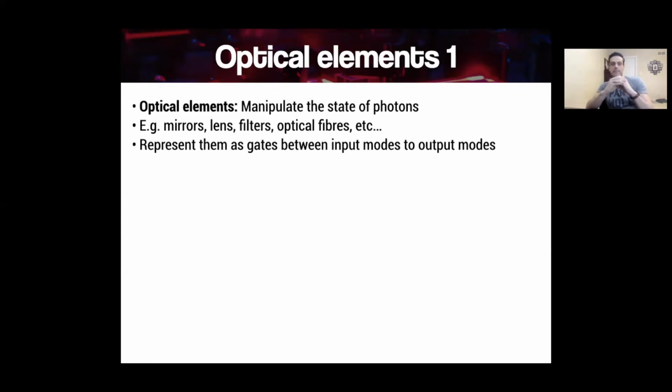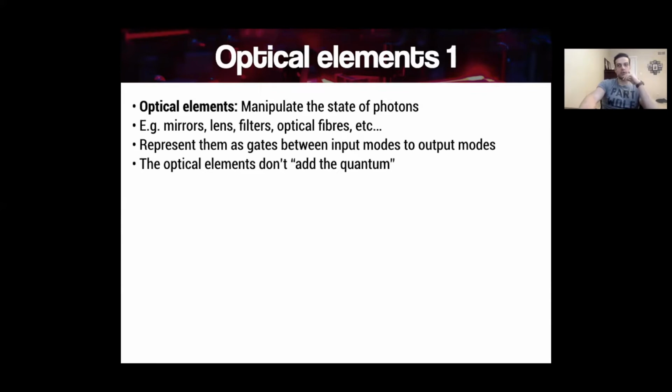The photon interacts with that element for some fixed period of time, then you can describe that as a discrete gate, some fixed action, and we can write it in the same way we've been writing any gate. We can find optical elements that represent Hadamard gates or Pauli X gates, Pauli Y gates, whatever. And we'll give some examples of optical elements and how they can be described as gates.